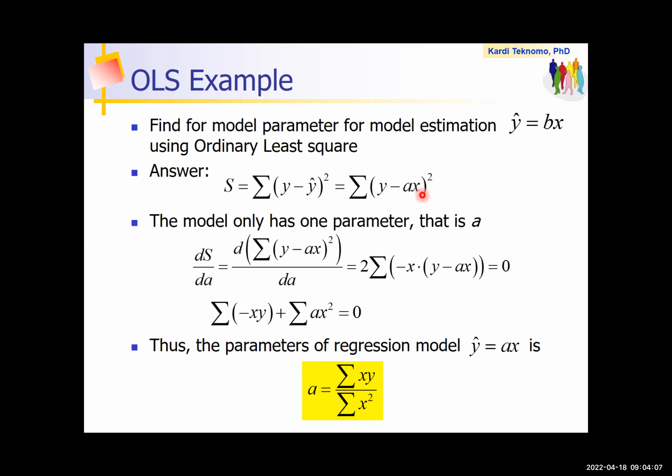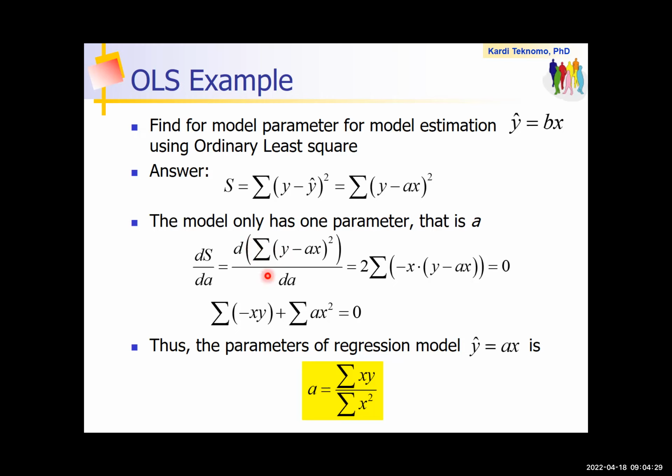I can put it here. Then you put this here, and then you square it, right? And then you sum. After that, you take the first derivative, yeah? Because you have only one parameter, so this is not partial derivative, but the first derivative.